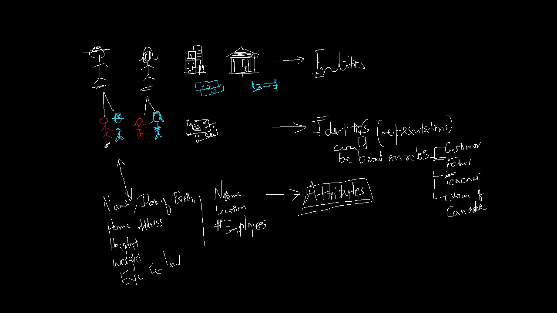For an organization, a non-person entity, the attributes could be a name, a location, number of employees, so on and so forth. The number of branches, the country of operation, and so on. The identities again typically may inherit some of these attributes from the entity.